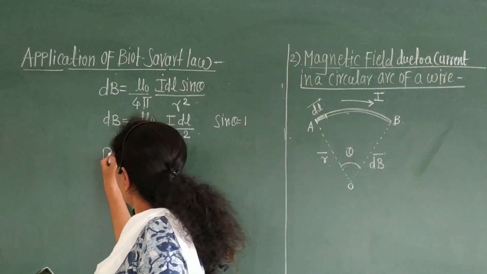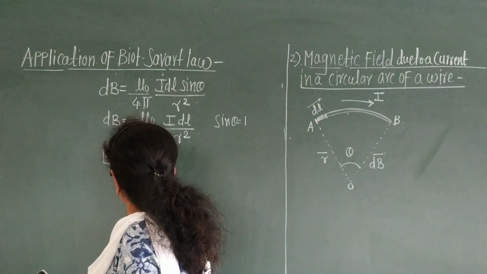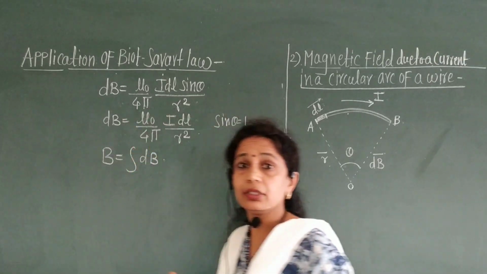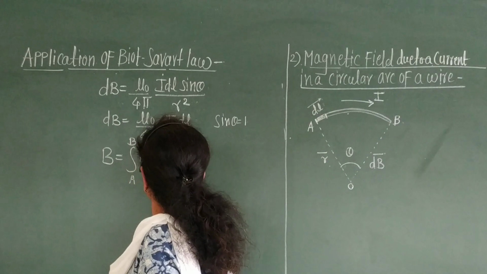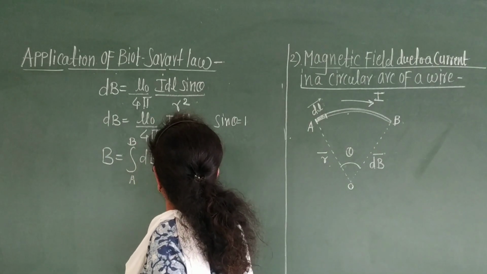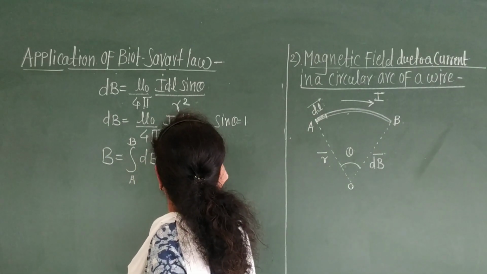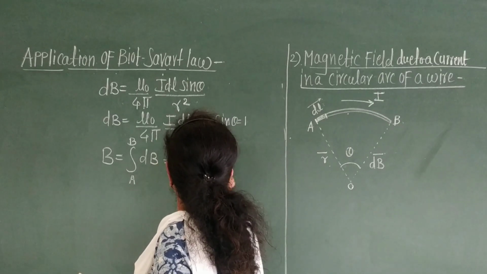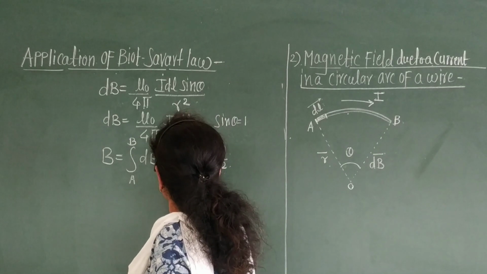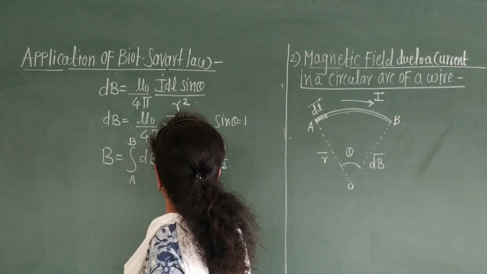It can be found by integrating the above equation from the limits A to B. Therefore, it becomes mu 0 I dl, 4 pi as it is, upon r square from the limits A to B.